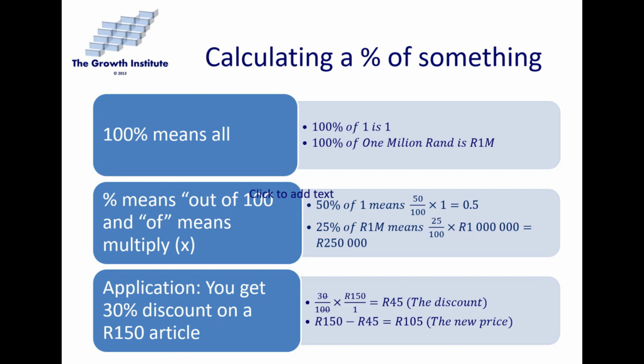So if you are on a sale and there is a t-shirt that normally costs 150 Rand, at Mr Price, and now they have a 30% discount sale, you are going to pay 105 Rand for the article.